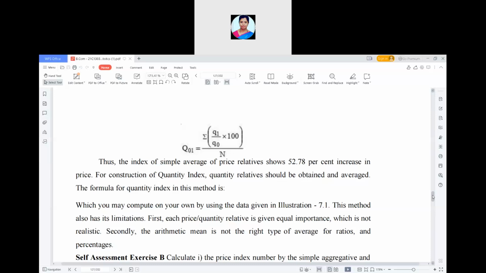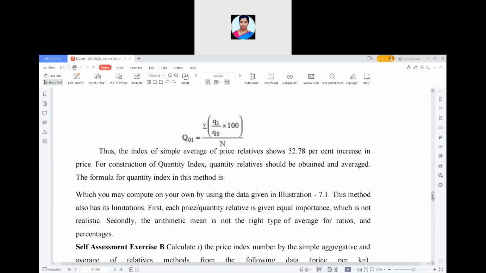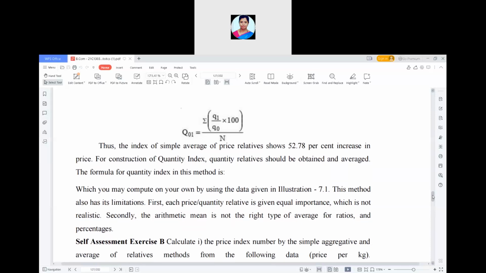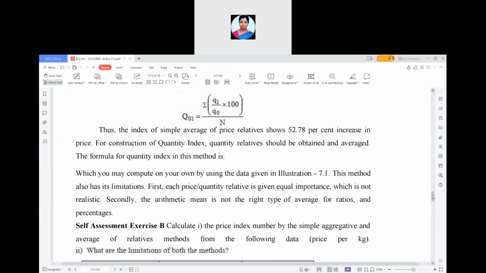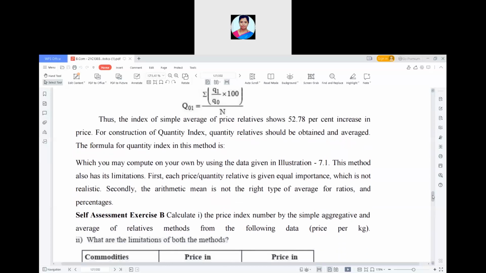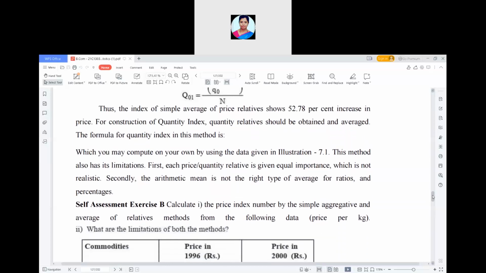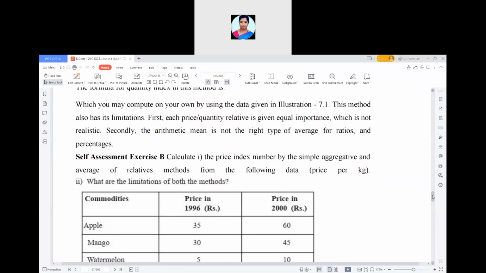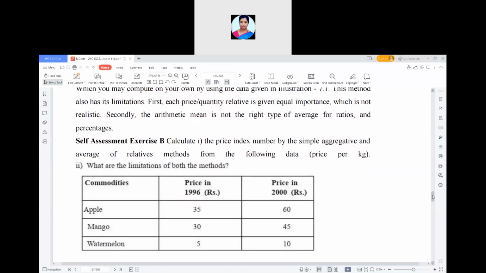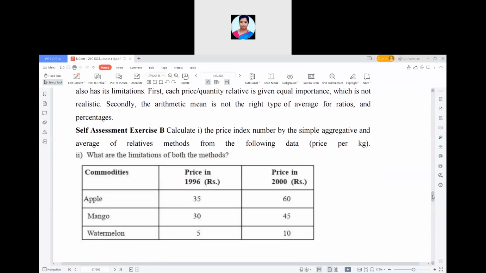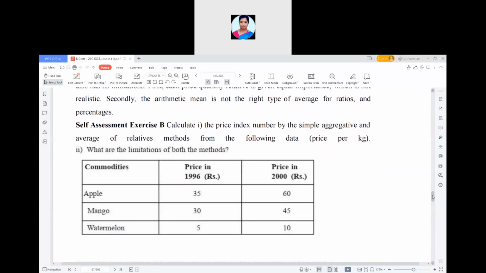We have this self-assessment. Calculate the price index number by the simple aggregate and average of relatives methods from the following data, with commodities, the price in 1996 and the price in 2000, where the unit is rupees.